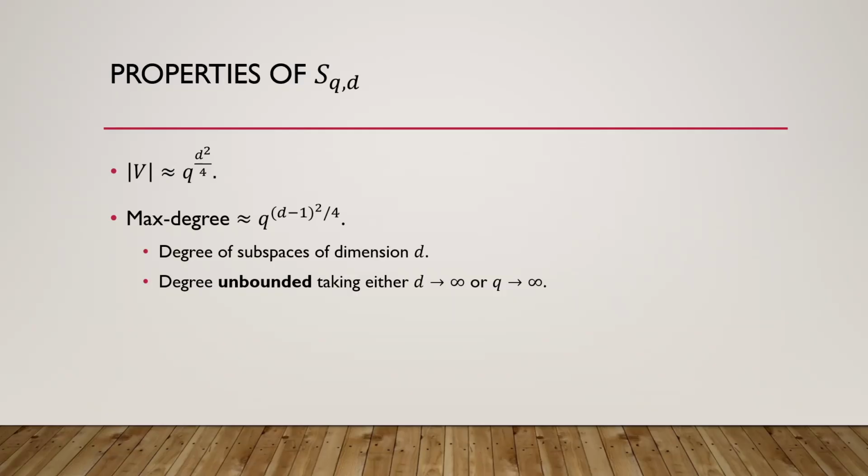So the maximal degree is like q to the (d minus 1) squared over 4. And one reason for this is that if you look at subspaces of dimension d, then their link will actually look like a spherical building of 1 dimension less. So we expect this degree from them. And of course, it doesn't matter if we take q or d or both of them to infinity, the degree is unbounded. So we're not going to get a bounded degree family from this.